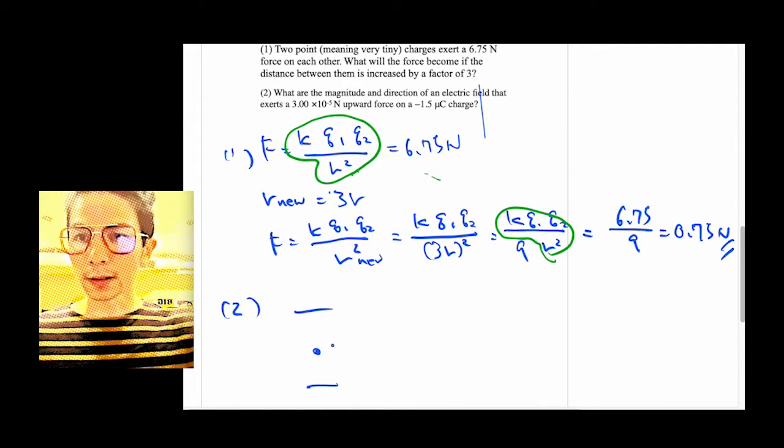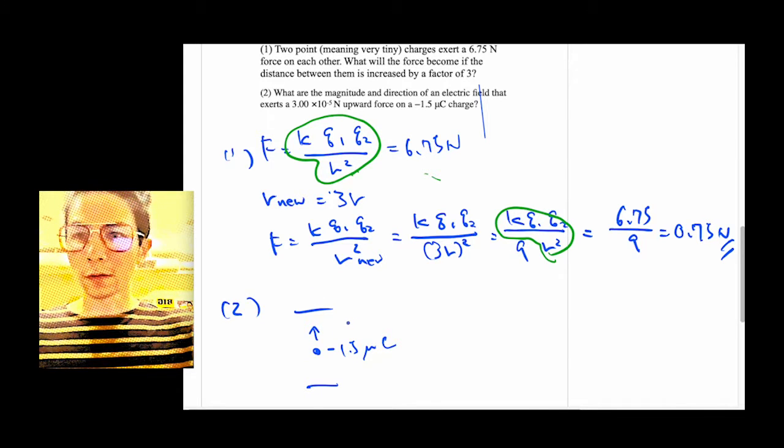So this is a problem dealing with the electric field, so you always want to use these two plates. Here you have a negatively charged object, negative 1.5 microcoulomb, which has the upward force.